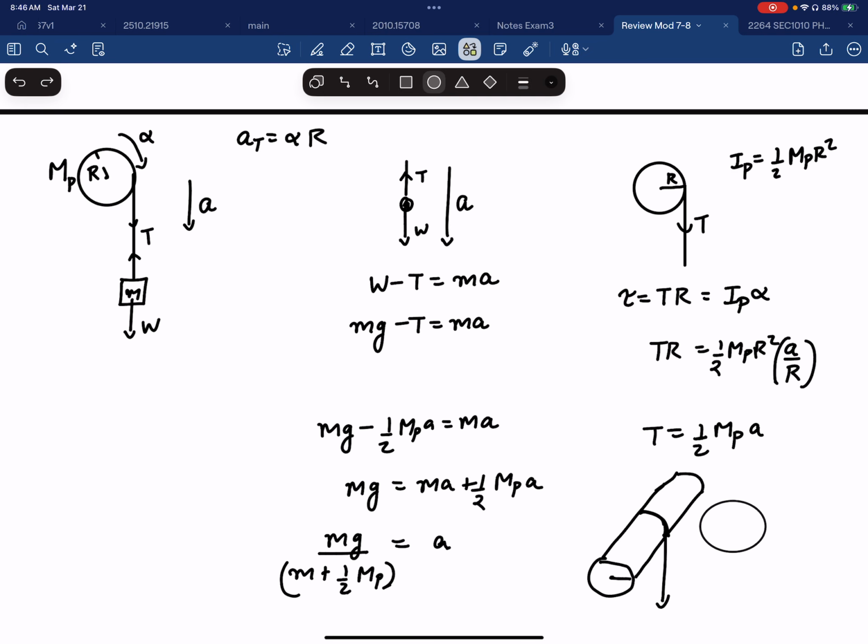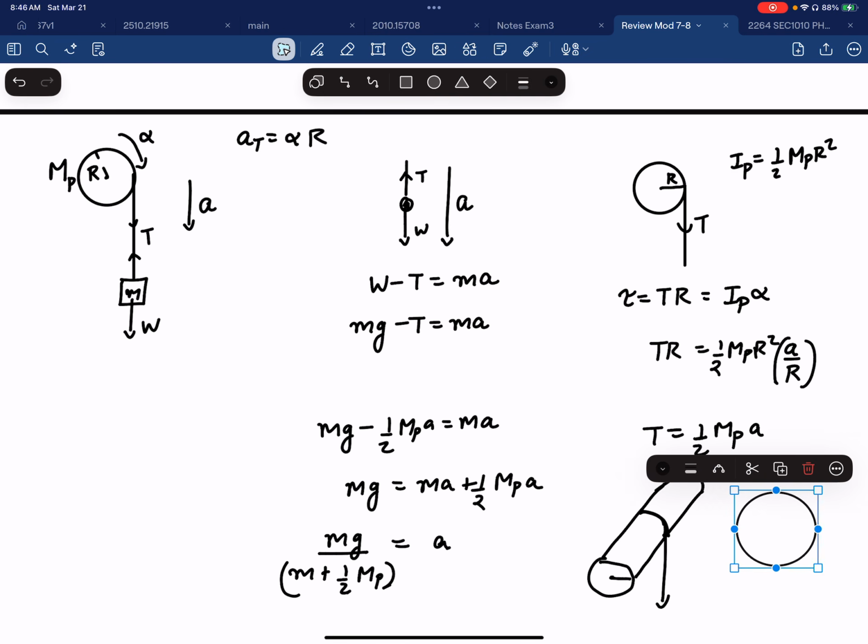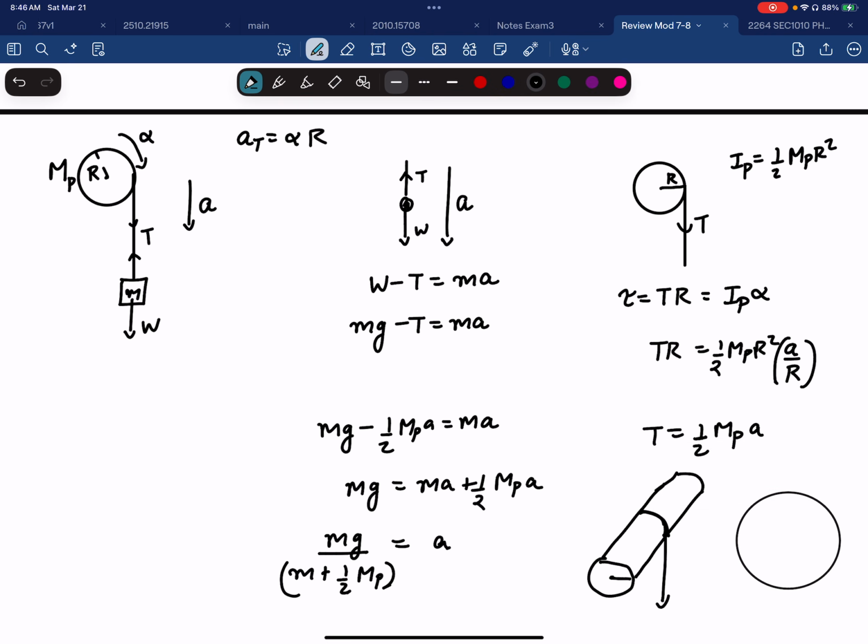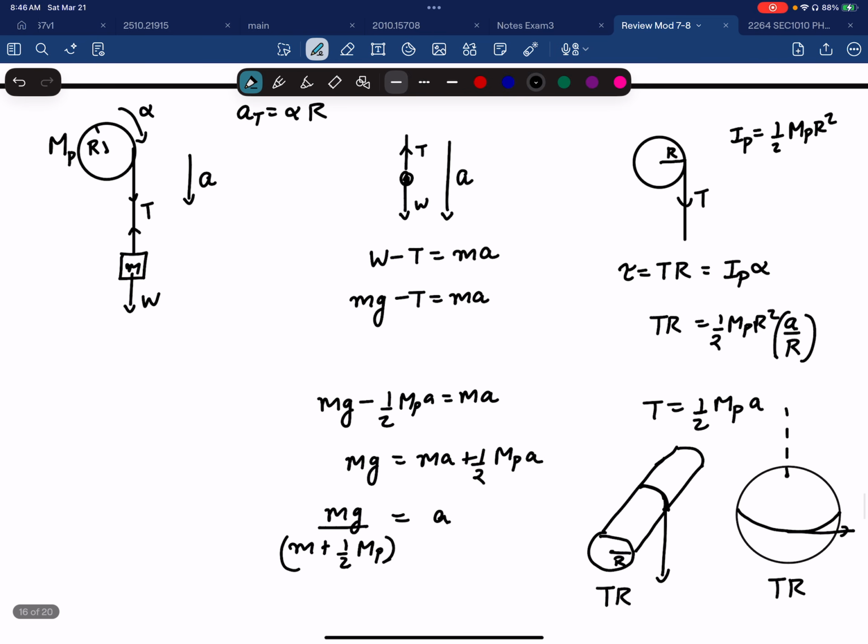If it is a sphere, and then you have a rope around it, again, you know for a solid sphere, for each one of them, the torque is T times R. If this is the radius R, if this is also radius R, the torque will be, the effect will be the same because for all of them, it will be tangential. So just keep that in mind. The only difference comes when you are connecting the moment of inertia.